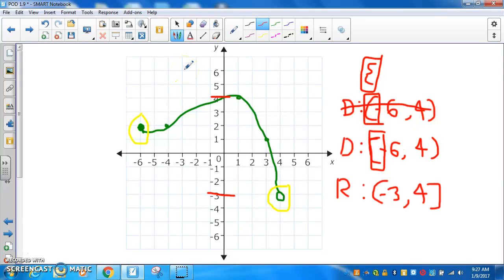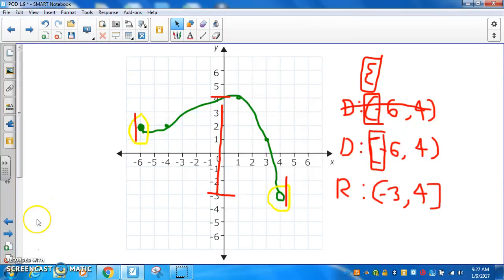All right. Other than that, the domain just goes from the beginning and the end of a curve on the x-axis, whereas the range goes from the beginning and end of the curve on the y-axis. I think you guys can manage that. So you're going to try a little practice for me, and hopefully it goes okay. Let me know if you have any questions.